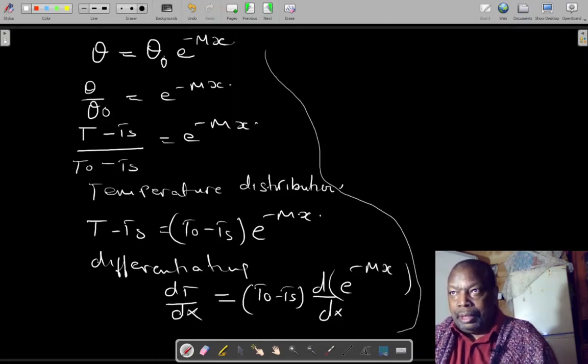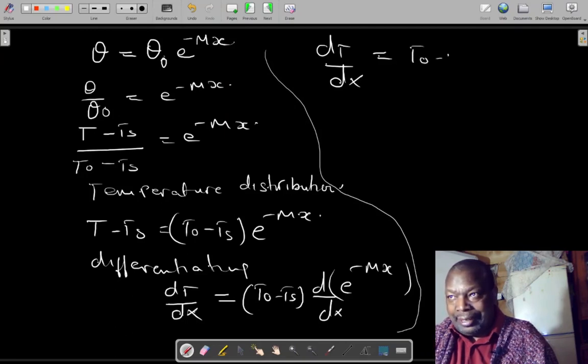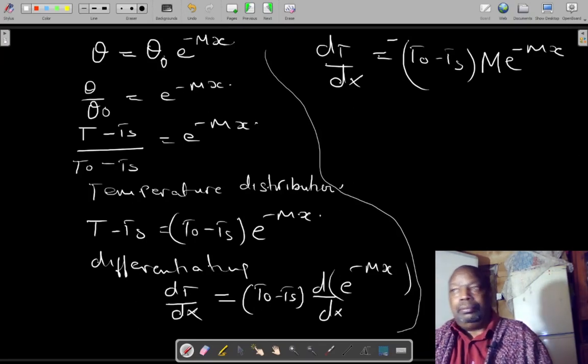So this means that dT/dx is equal to (T naught minus Ts) times minus m e raised to the power of minus mx.